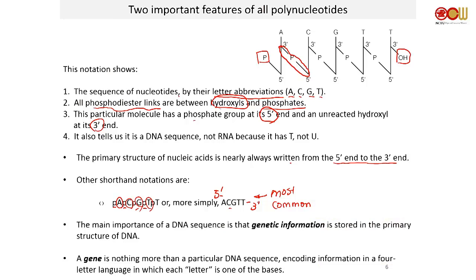So the main importance of DNA sequence is that the genetic information is stored in the primary structure of DNA. The genetic information is stored in the sequence. It's not stored in secondary structures, but rather the primary structure.